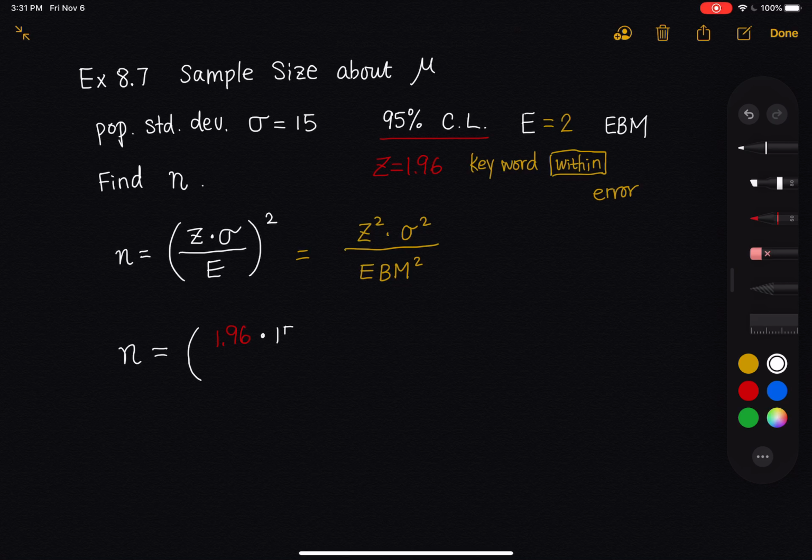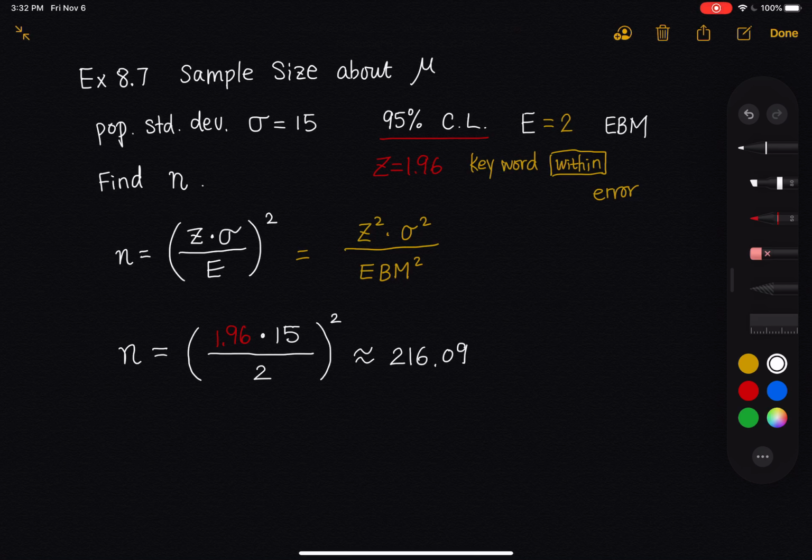Which is 15, the population standard deviation is given to us. And then you divide it by the error bound. Error is within 2, so the number is 2. And then you square the whole thing. Now you should come up with a number in your calculator, 216.09.